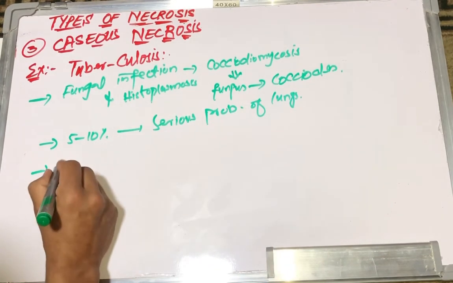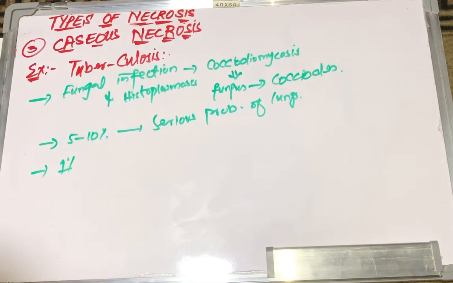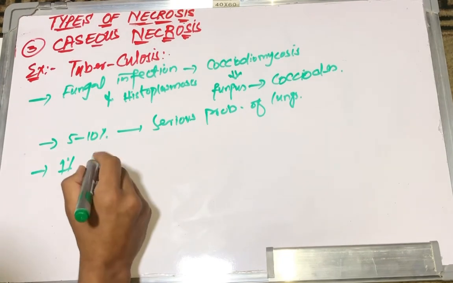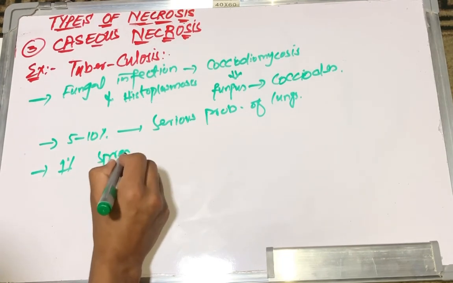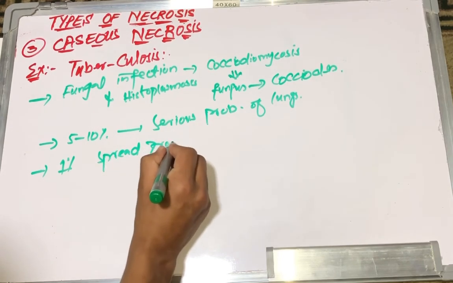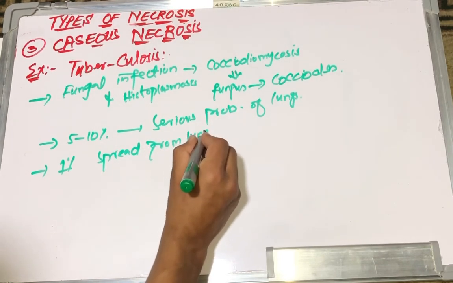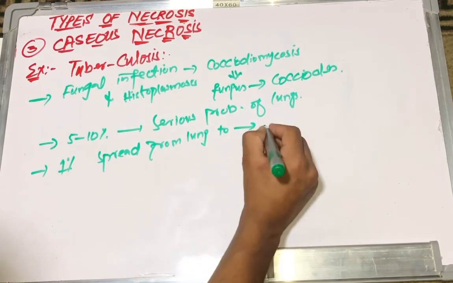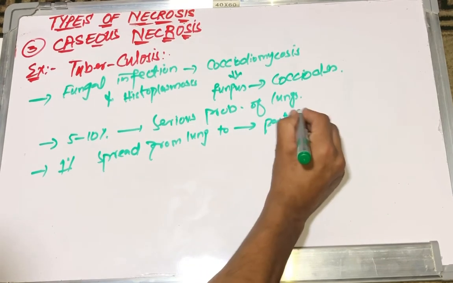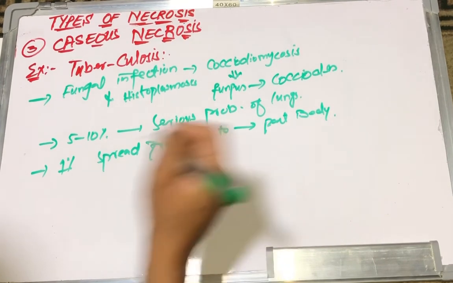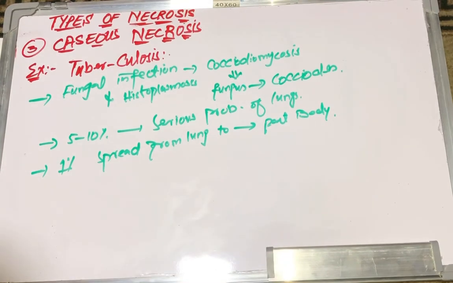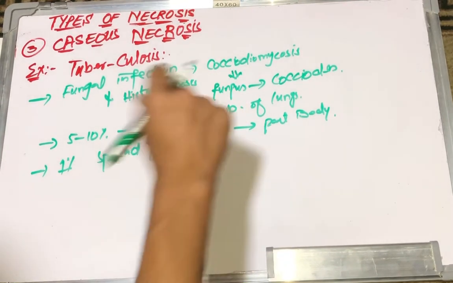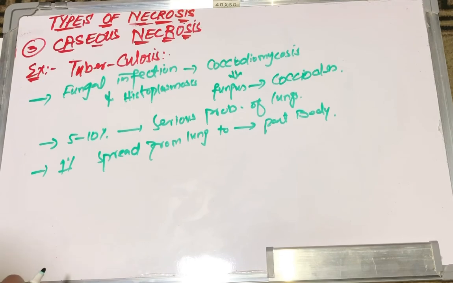Only in 1% of cases does the infection spread from the lung to any other part of the body. Now we will discuss the symptoms of coccidioidomycosis.